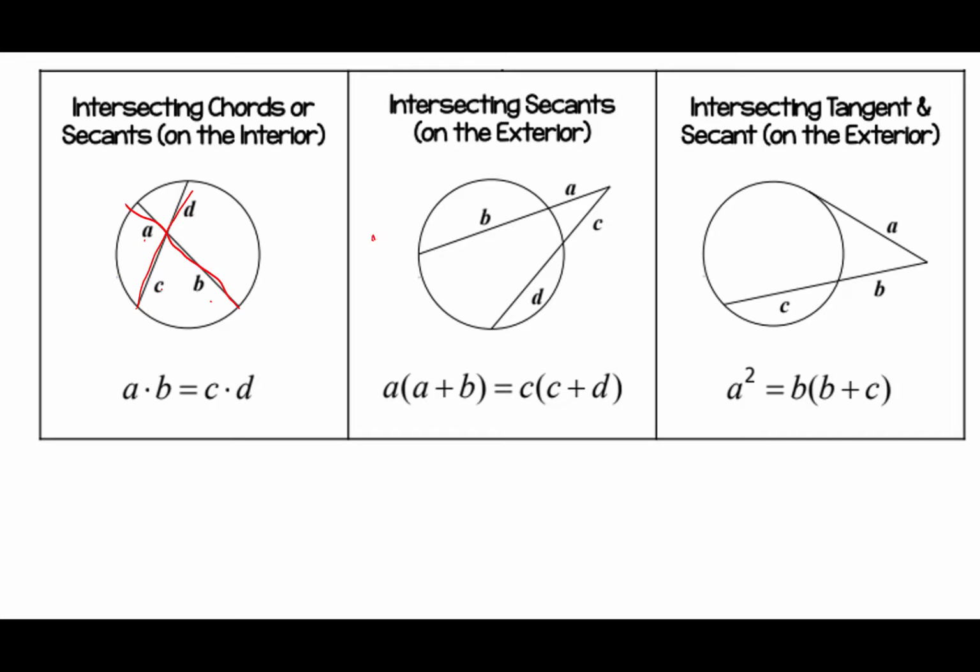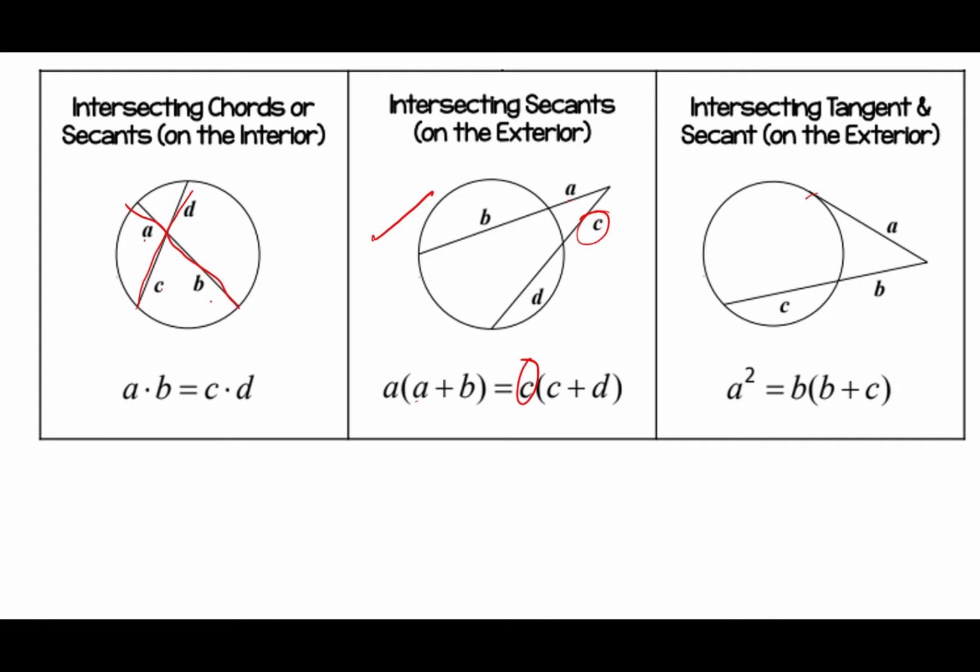Now this one is a tricky one that we need to remember. If I have the product, the outer times the sum of the outer and the inner, it is going to be equal to the same one here, this outer first times the sum of the outer and the inner. So just remember that.